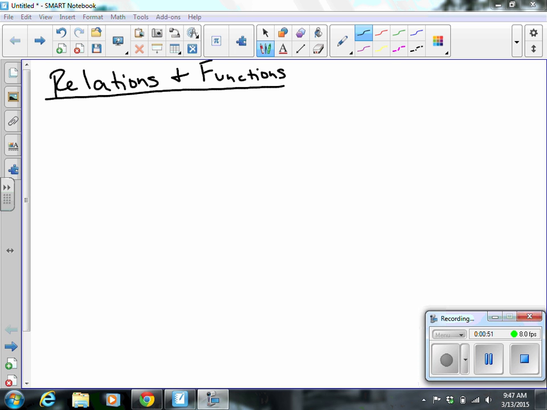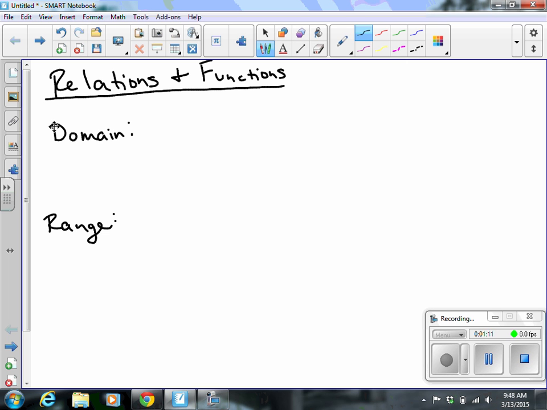A relation is a set of ordered pairs, so like a point, and we know that an ordered pair is always x comma y. I'm not gonna have you write that down just because I think that one's obvious. And then we have a domain and we have a range. Some of you may have already dealt with this, some of you may not.